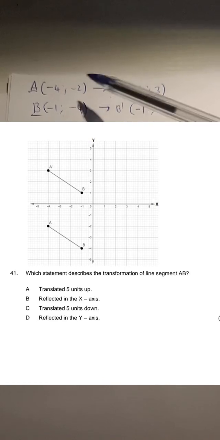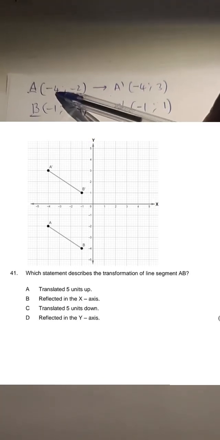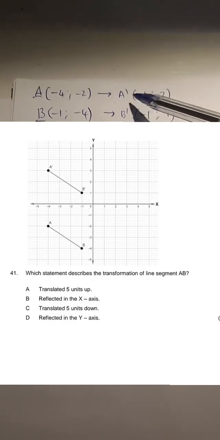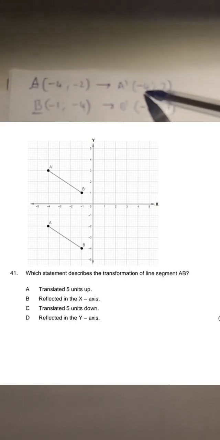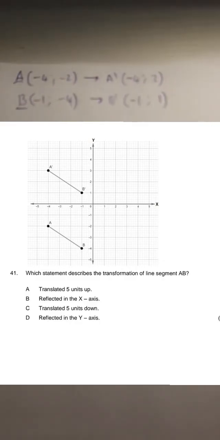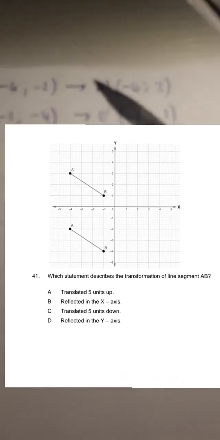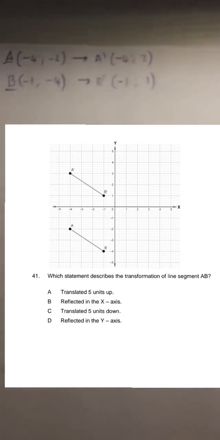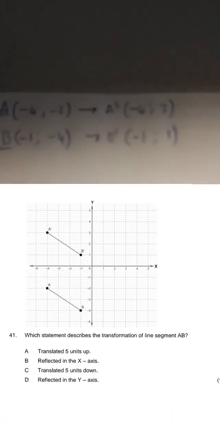The X coordinate for A is -4. The changed coordinate of A, the image of A, is still -4. So the X value does not change. The X value still does not change.